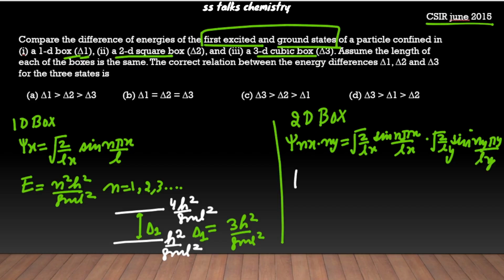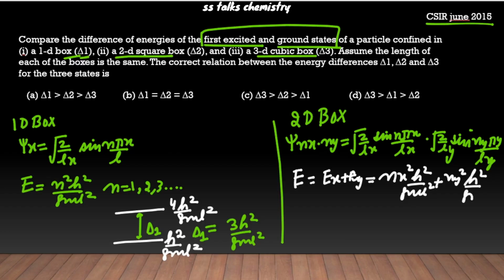Now the energy in this case is additive, so you have to add the energy along x and along y. This is nx square into h square upon 8 m L square plus ny square into h square upon 8 m L square. Because the length is the same, Lx equals Ly, since this condition has been given for the square box.